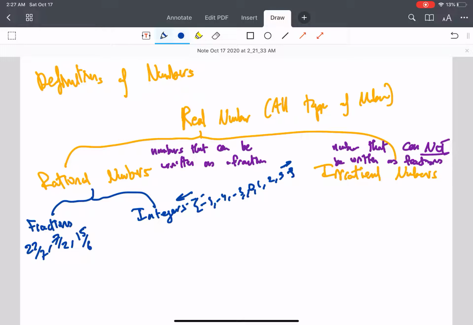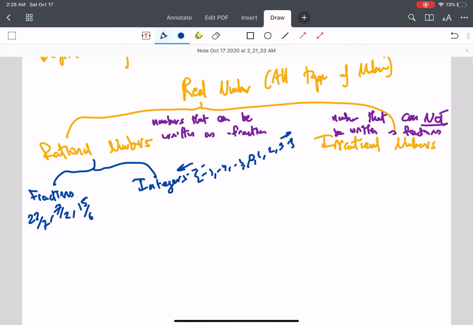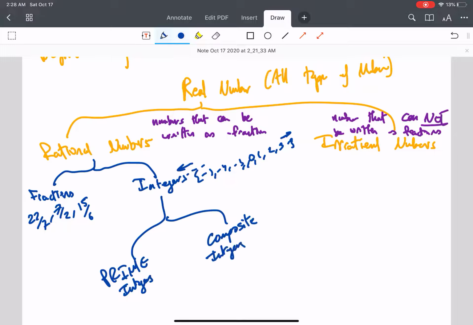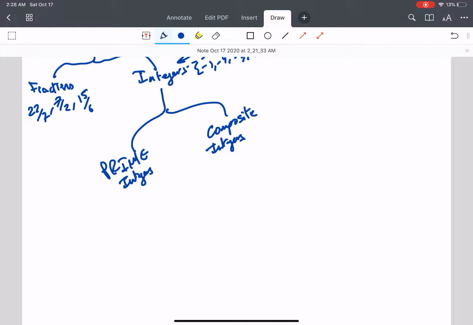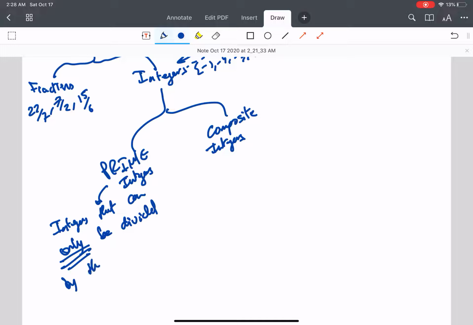Then the integers can be either, we have two types of integers. These are prime integers and composite integers. So prime integers are integers that can only be divided by themselves and 1.